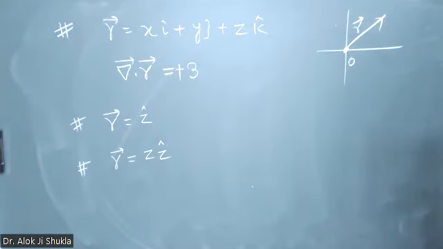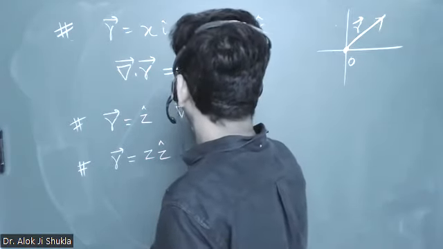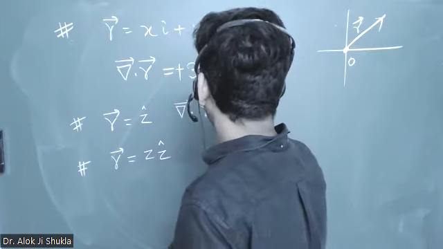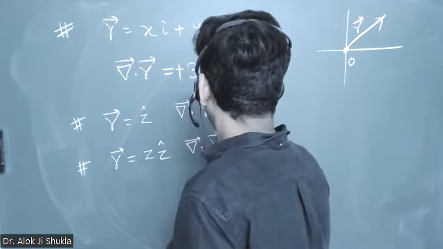First one will be 0. So what is divergence here? 0. This is 0 divergence. And what about this? 1.